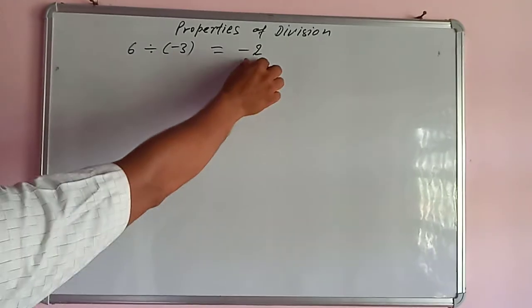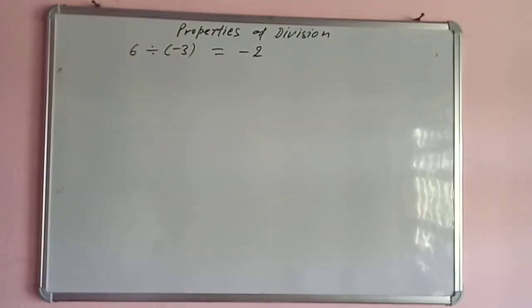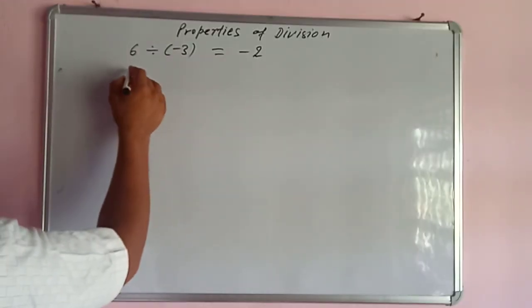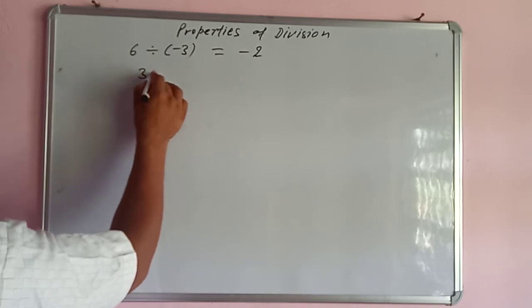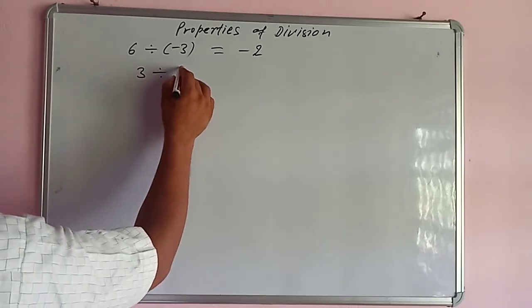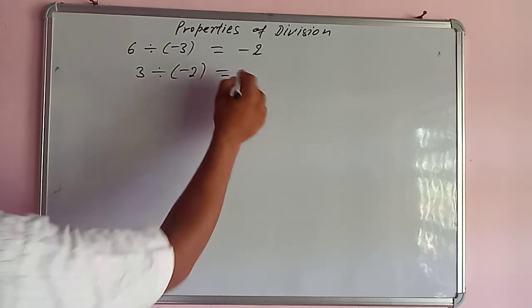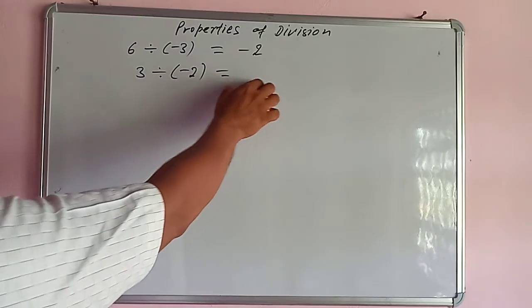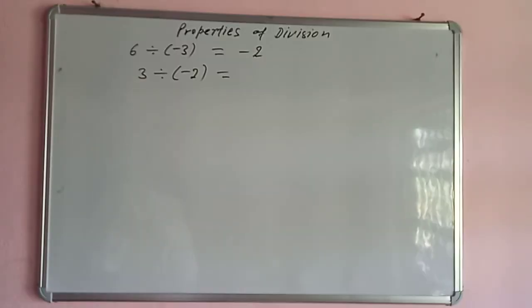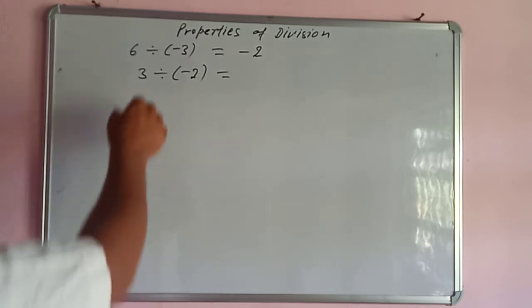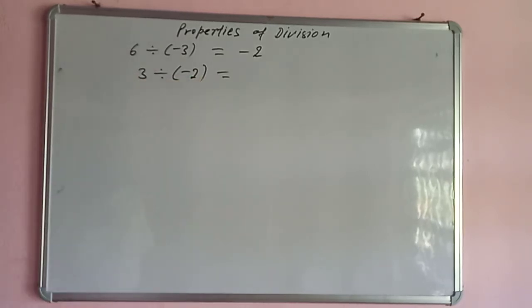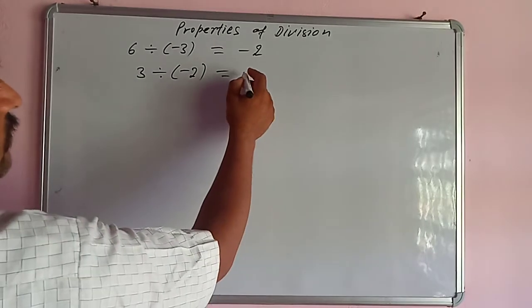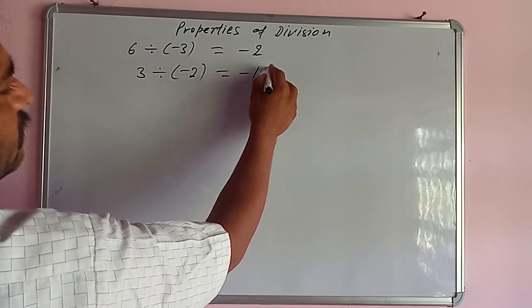We know that -2 is an integer, but if we divide 3 by -2, is its quotient an integer? No, because when we divide 3 by -2, the answer is a decimal.